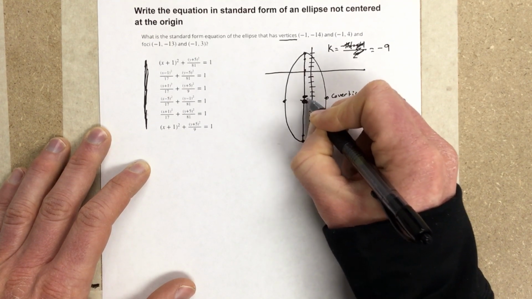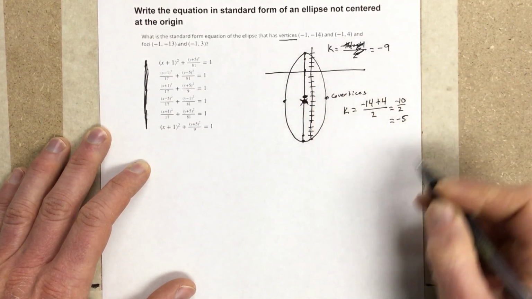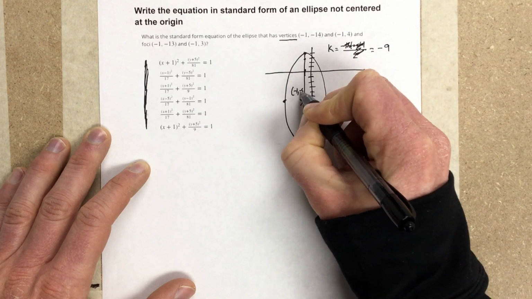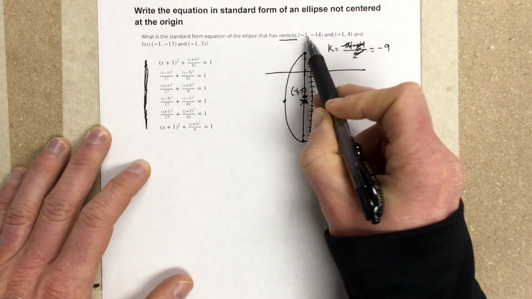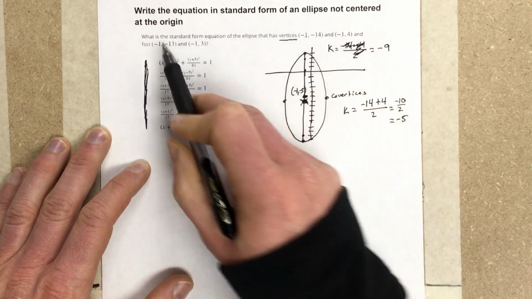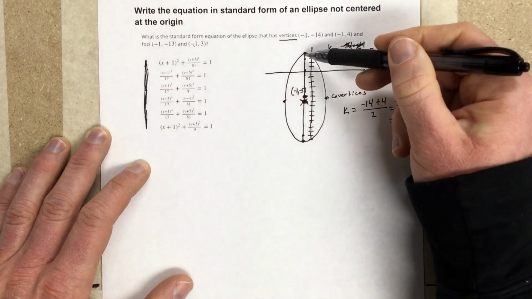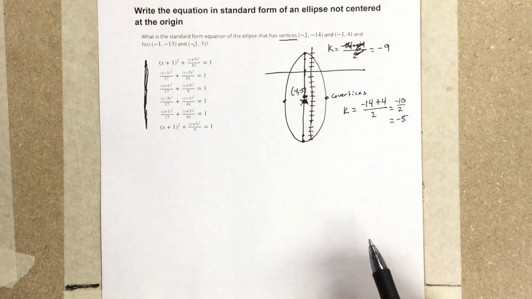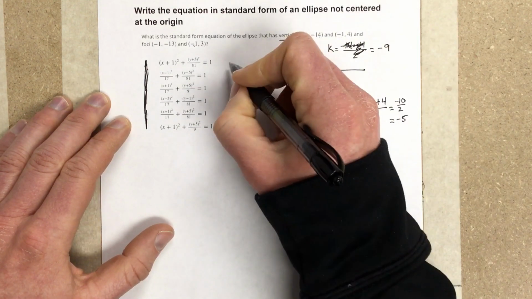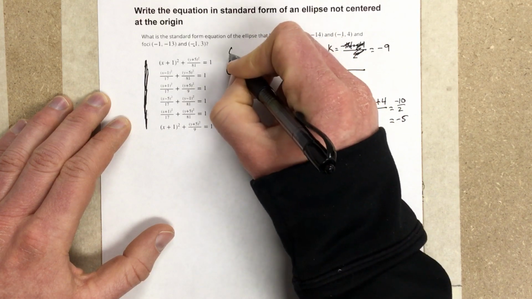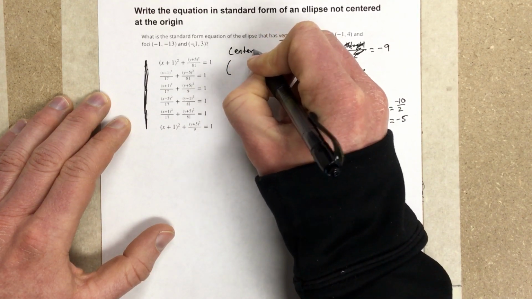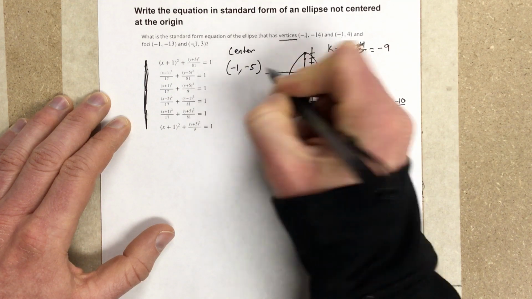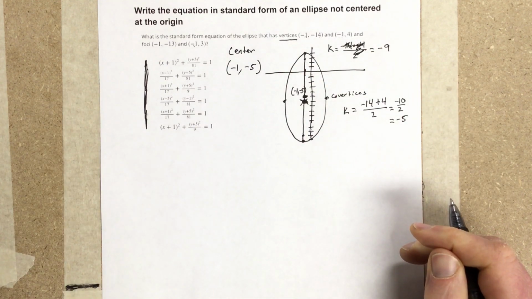Sorry, I should have marked that. So this point is h, k, and it's at (-1, -5). And I know -1 because -1 has been the constant for this major axis. So I now know that my center is (-1, -5).